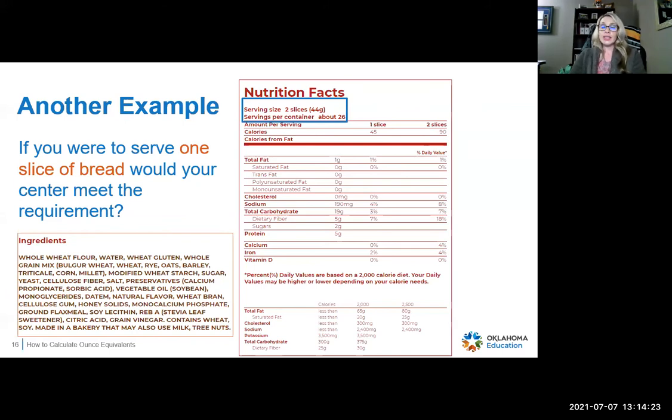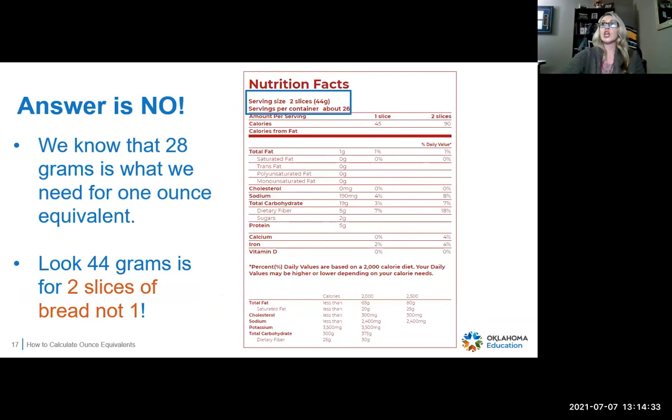So another example, we'll look right here. It says if you serve 2 slices of bread, it equals 44 grams. So if you have 2 slices and 44 grams, we know that 28 is what we need for 1 ounce equivalent. So you would have to serve 2 slices to equal 1 ounce equivalent, because if you divide that by 2, you would get 22 grams, and that would be too low for anybody who needed a 1 ounce equivalent.